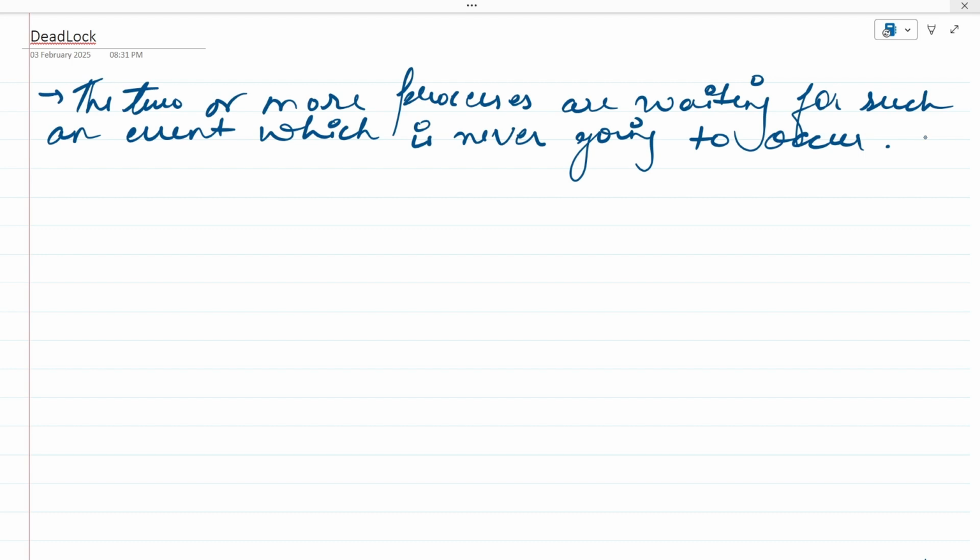To understand deadlock in a detailed way, we need to understand the representation. When we see the representation of processes and some other things, we understand deadlock very efficiently.